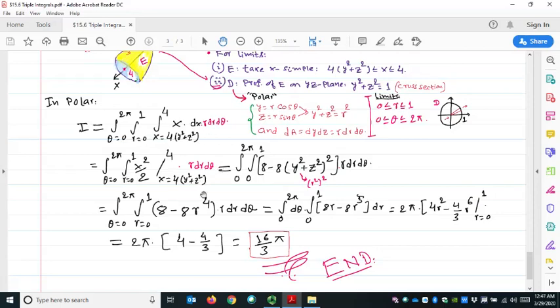Equals, write down the theta integral, write down the r integral, then put x equals upper limit minus x equals lower limit and simplify. This gives you this integrand, which is 8 minus 8 times (y squared plus z squared) squared, and then write down r dr d theta as it is.